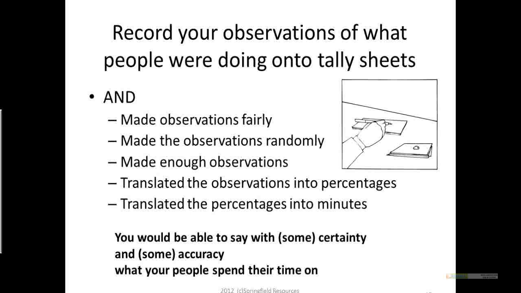So that's 160. Probably my math is wrong. 40% of 480. Well, whatever that is. What we would say is you would be able to say with some certainty and some accuracy what your people spend their time on. So that's the conclusion: saying with some certainty and some accuracy what your people are spending their time on.